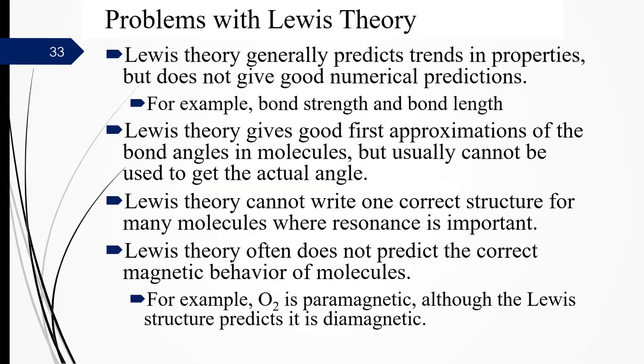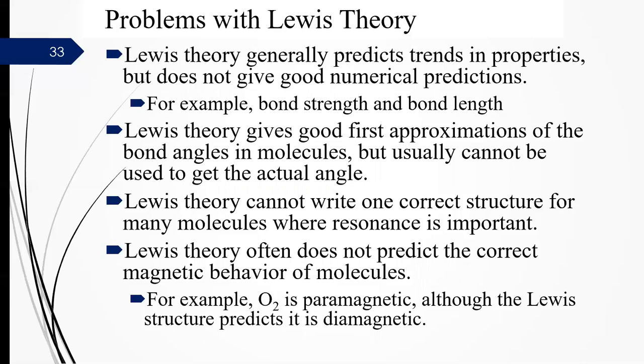And so this all comes from our Lewis theory. Now, Lewis theory is good at predicting these properties, but doesn't give us a good numerical prediction. So it doesn't give us things like bond strength and bond length. But it's a good first approximation of the bond angles that we get in the molecules. So Lewis theory, while it has its limitations, is generally a good starting place.